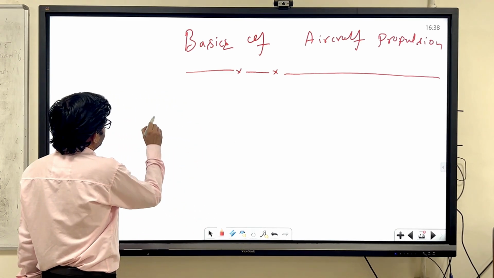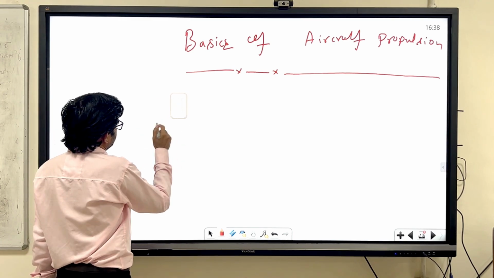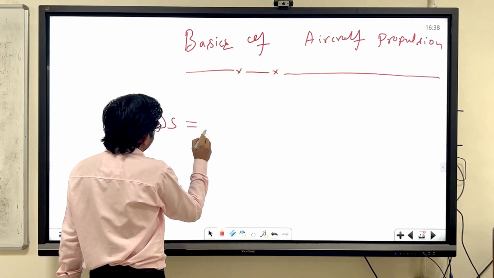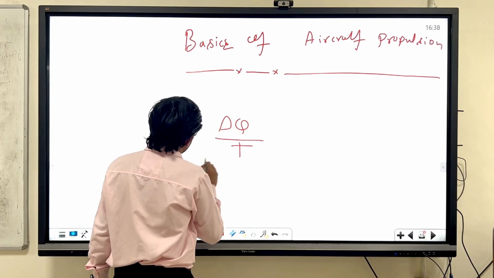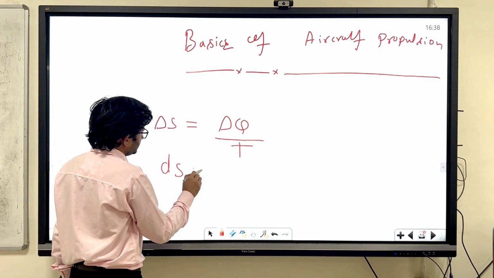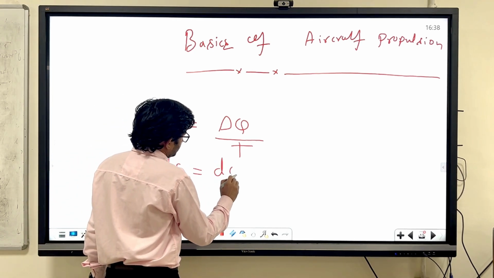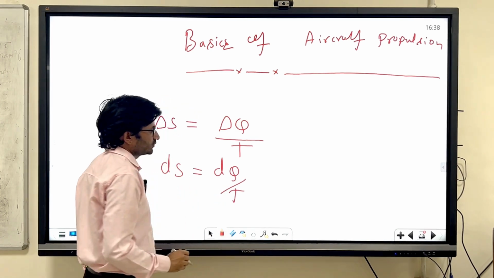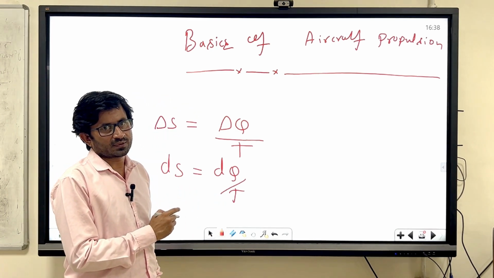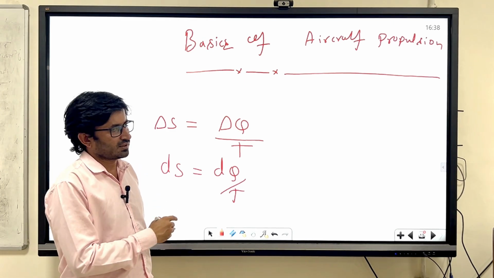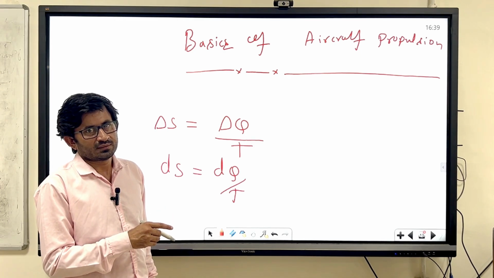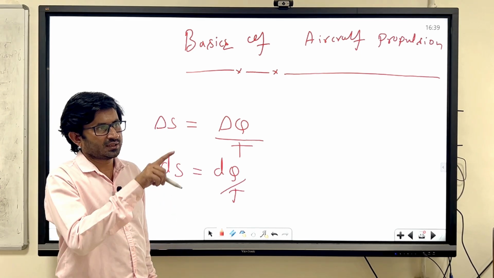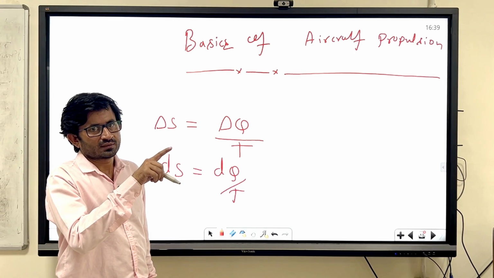So the change in entropy can be written as ds equal to dq by T. This you will use. I will show you the example when I cover the Brayton cycle in this course, where you will see the increase in entropy. Okay.